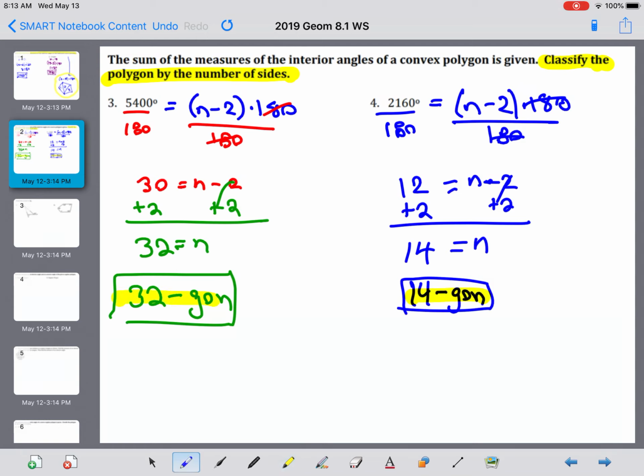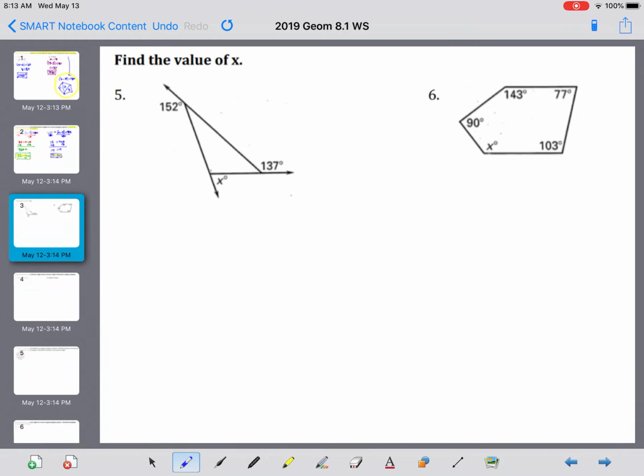Alrighty. Find the value of x. Number 5, we have an exterior set of angles. Remember, an exterior set always equals 360 no matter how many sides. So in this case, we're going to say 152 plus x plus 137 equals 360.